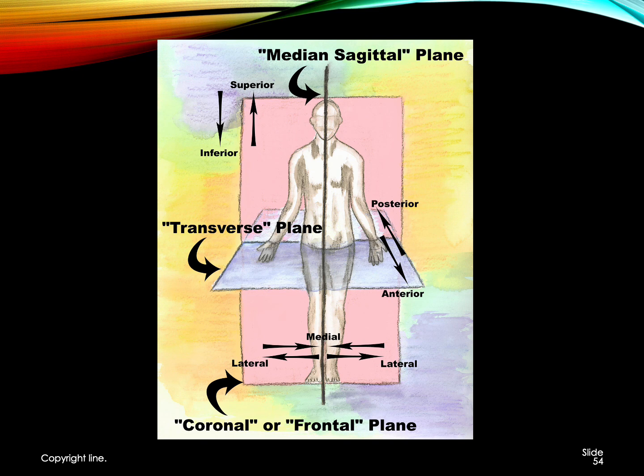And then that last one is the coronal plane. And remember, the coronal plane is going to go from ear to ear. It is dividing the body into front and back portions, or we also call the coronal plane the frontal plane.